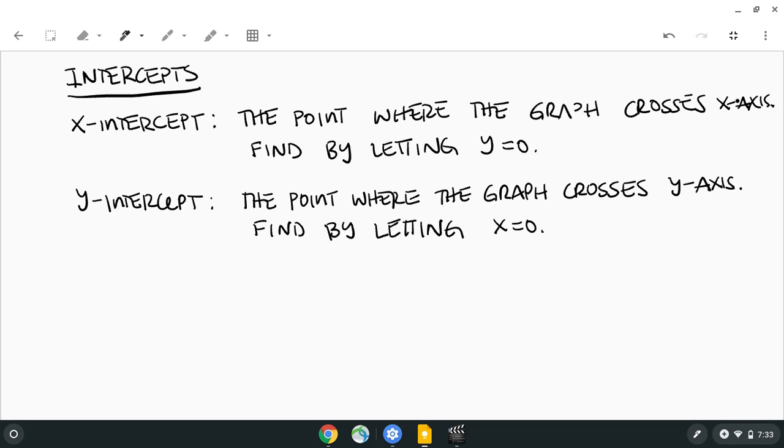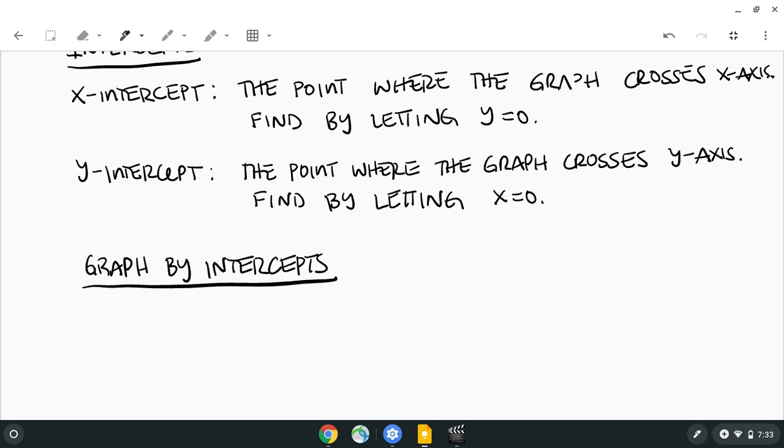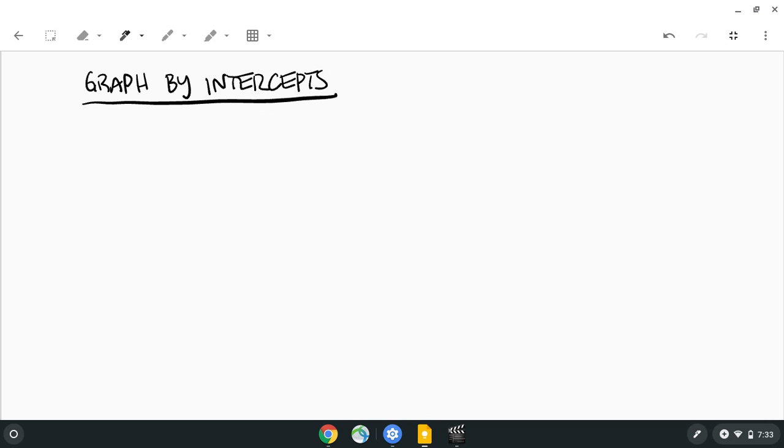So let's go ahead and graph by intercepts, where we only find 2 points, and those 2 points are the x and y intercepts. Okay. So it's similar to the previous problem, but instead of doing 3 points, we're just going to do 2. Okay. So we'll go ahead and graph x plus 2y equals -3.